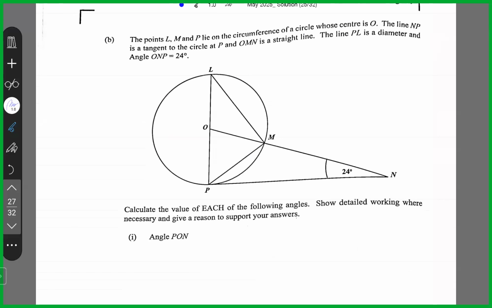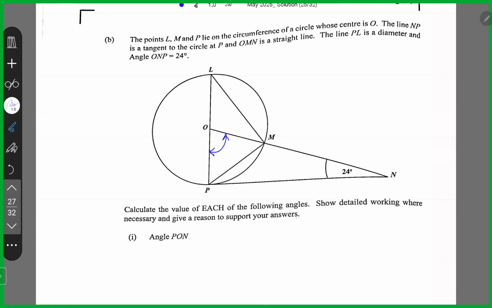The line PL is a diameter, and angle ONP measures 24 degrees. Calculate the value of each of the following angles, show detailed working where necessary, and give a reason to support your answer. The first angle we want is angle PON. That would be this angle here.